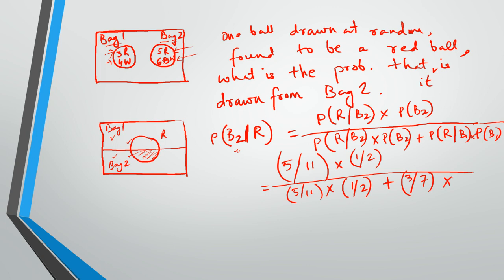And the probability it's bag 1 out of 2 bags is half. If we calculate it, we get 35 by 68. That is not important. Understanding the concepts is very important.